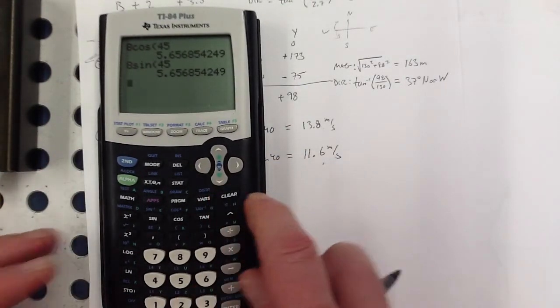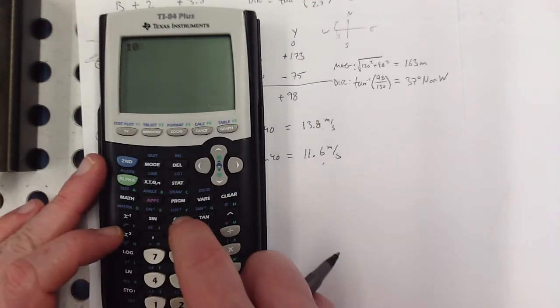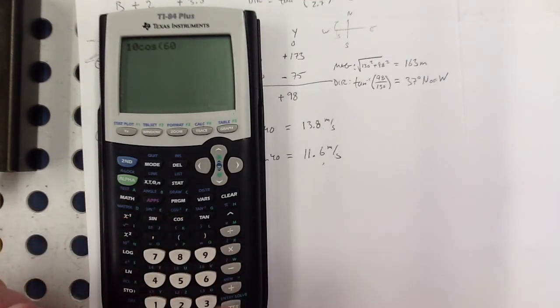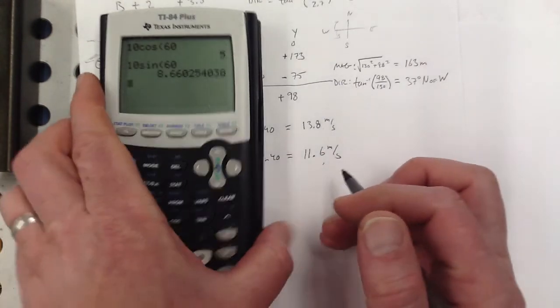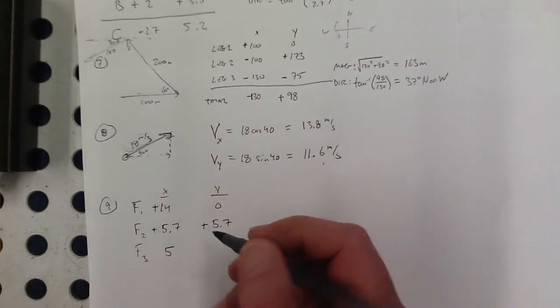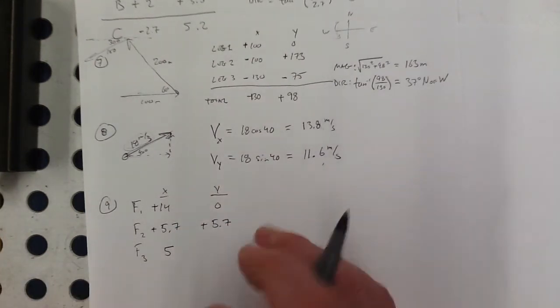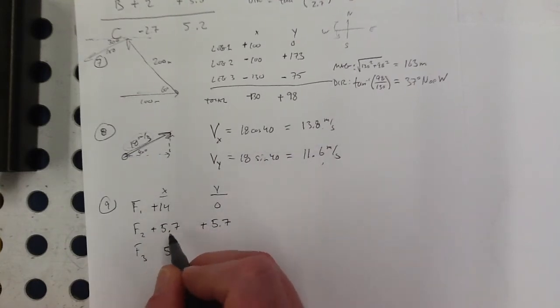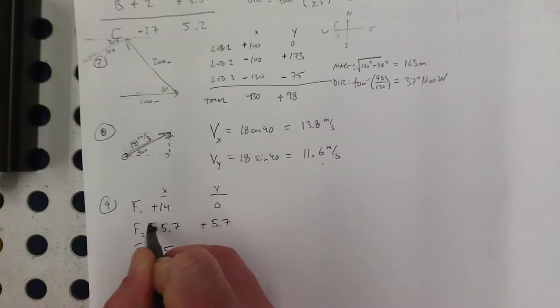And the last one is 10 cosine 60, 10 sine 60, which is 5. Did I make both of those positive? I think I was talking and just totally spacing out. Those are not both positive. This is in the second quadrant, which is negative, positive.